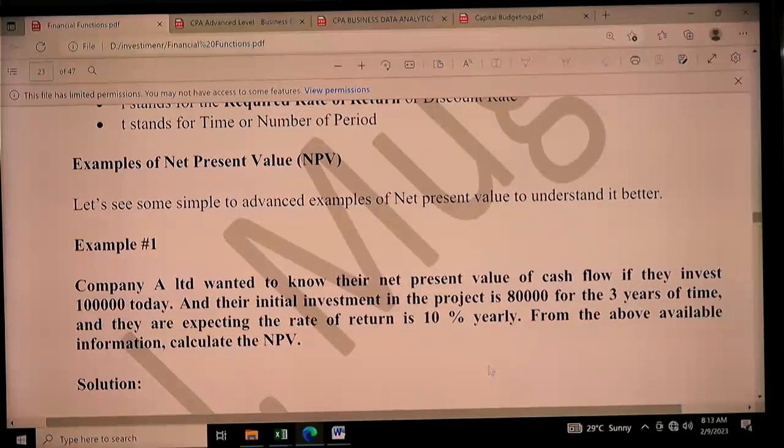Their initial investment for the project was this amount, for 3 years, and they are expecting the rate of return to be 10% yearly. From the above available information, you're supposed to calculate the NPV.